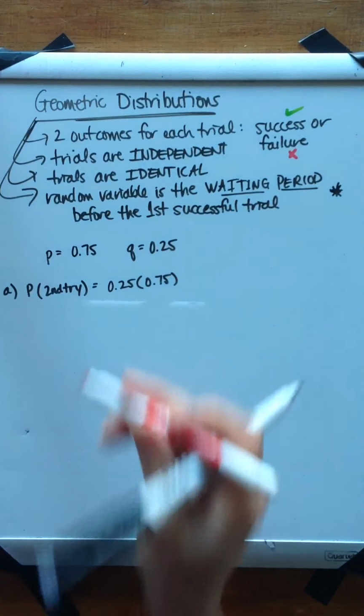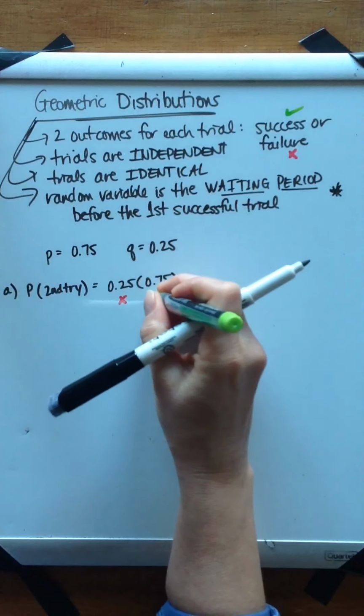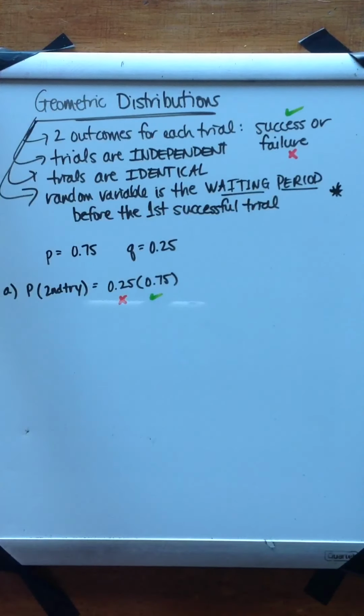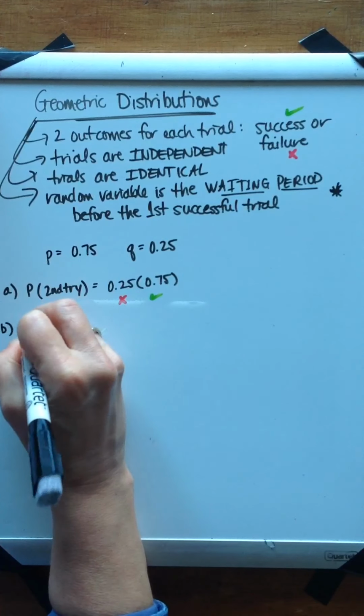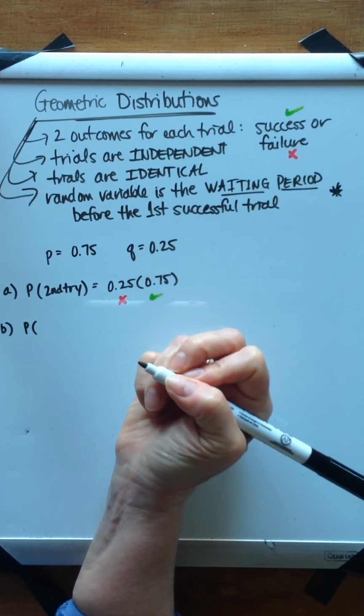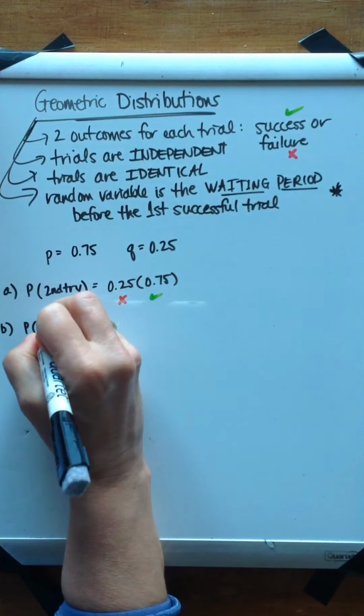So we can show this as a no and a yes. And we could figure that out. I just want to show you how to set this up first of all. What would the probability be if this free throw shooter misses the first shot, misses the second shot, and finally makes it on the third shot?